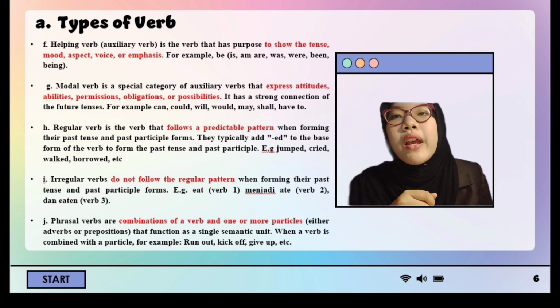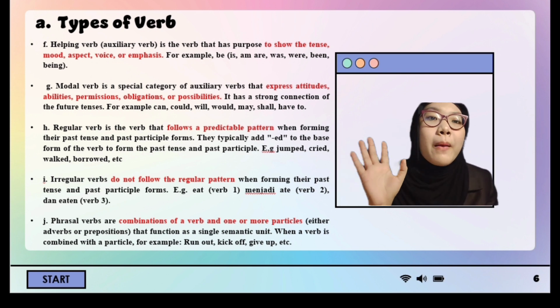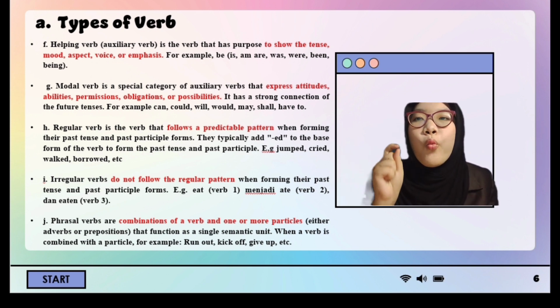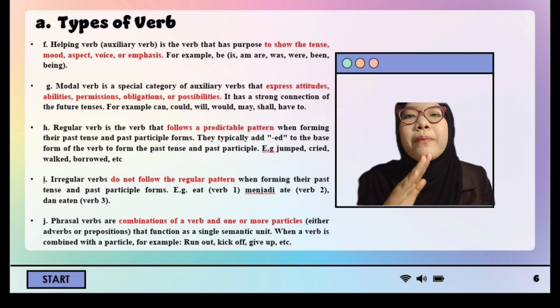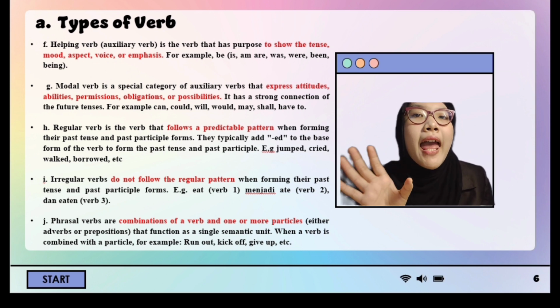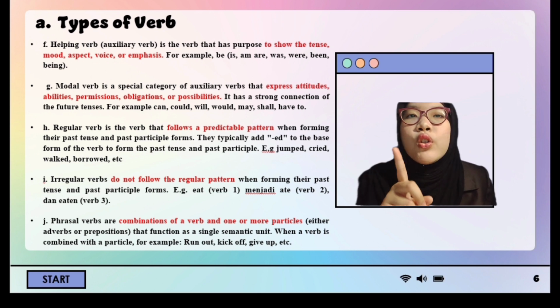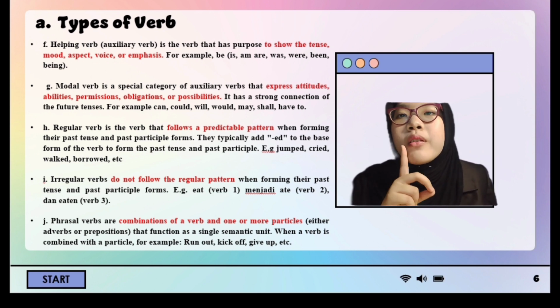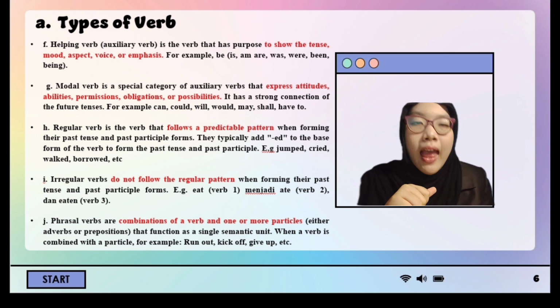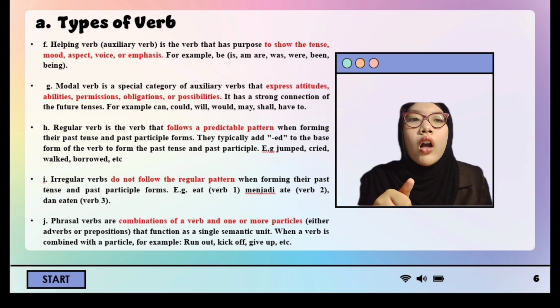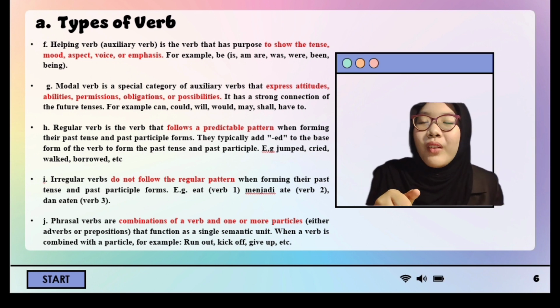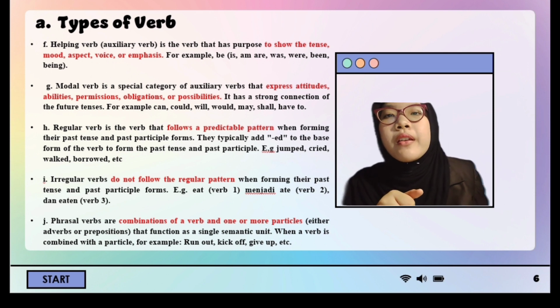The next one is regular verb. It's the verb that follows a predictable pattern when forming their past tense and past participle forms. They typically add ed to the base form of the verb to form the past and past participle, such as jumped, cried, walked, borrowed, etc. The next one is irregular verb.